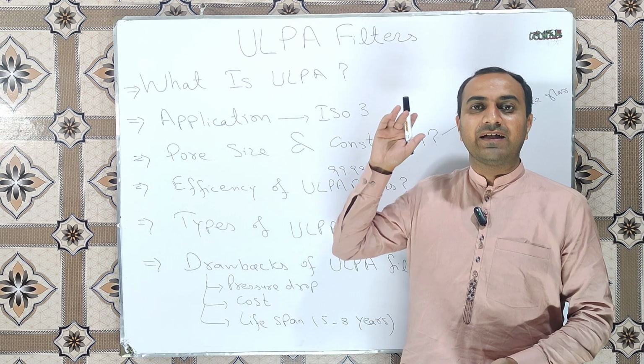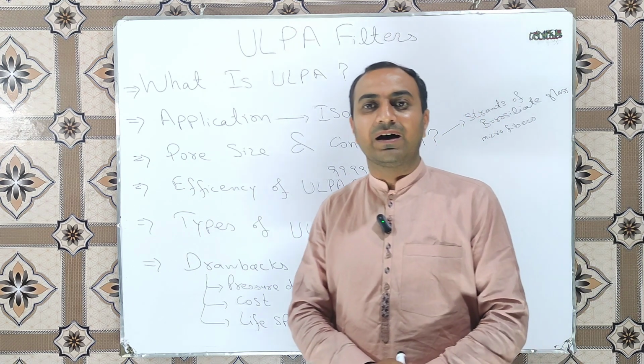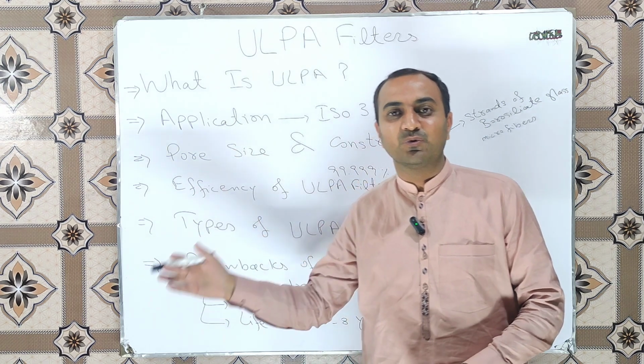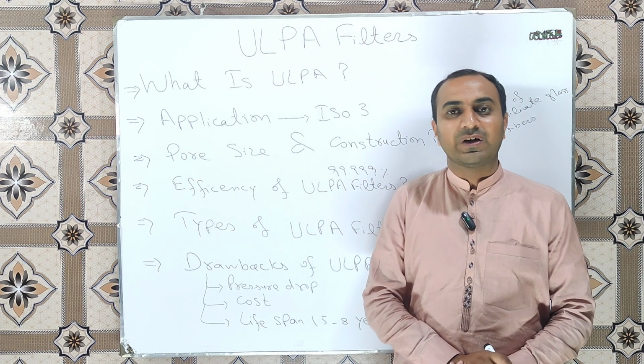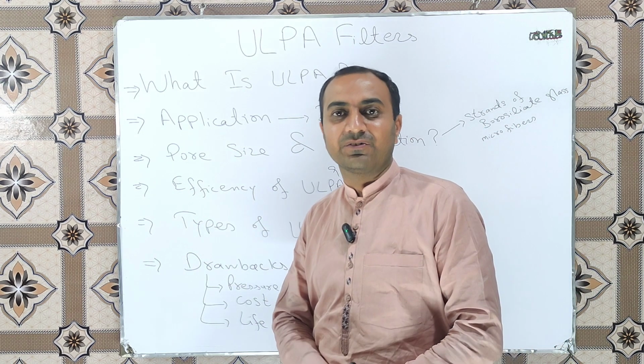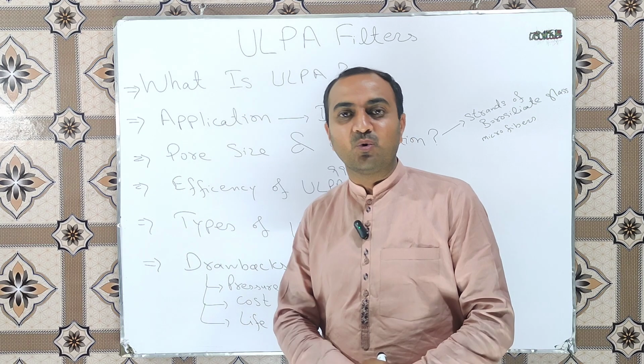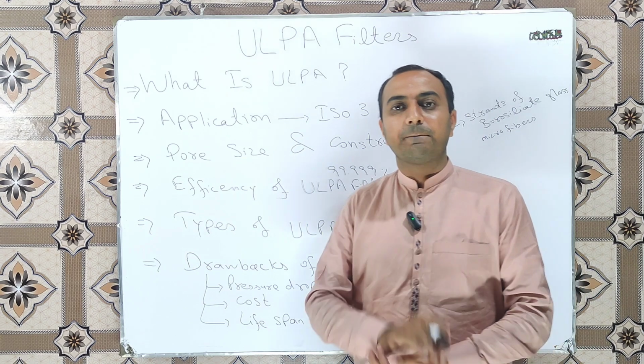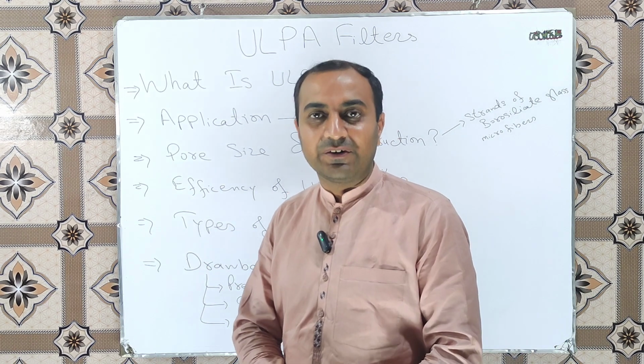ULPA filters and HEPA filters both are the last line of defense filters which are used for the maintenance of the clean room status. So ULPA stands for ultra low particulate air filters.